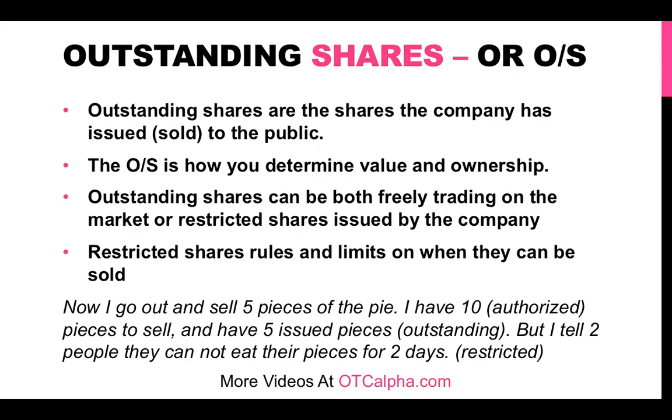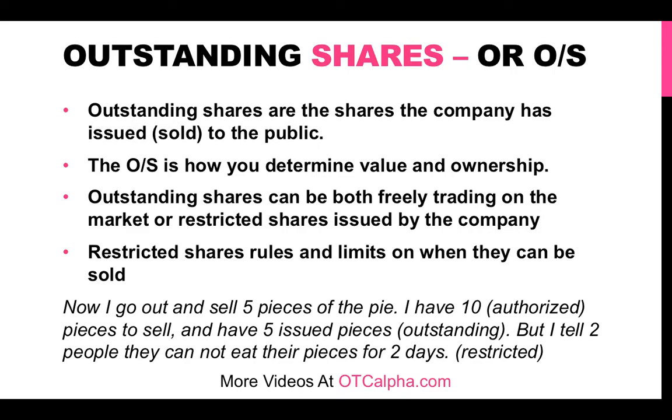It's also how many shares are actually in the market that have been sold. There are two components to outstanding shares: the freely trading shares in the market, and restricted shares. You can sell restricted shares and freely trading shares, and both are considered part of the outstanding share structure.